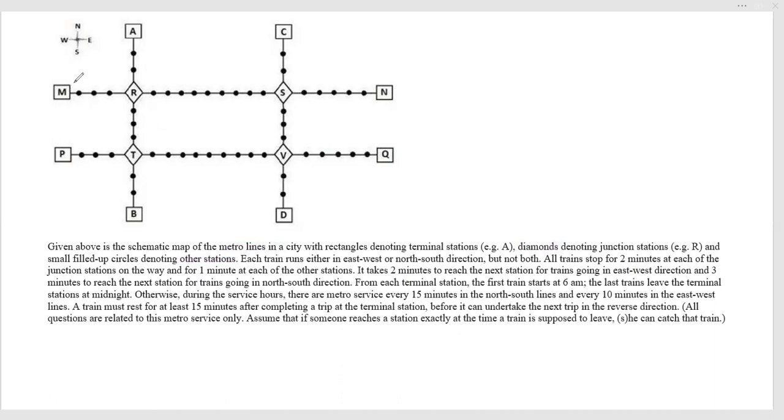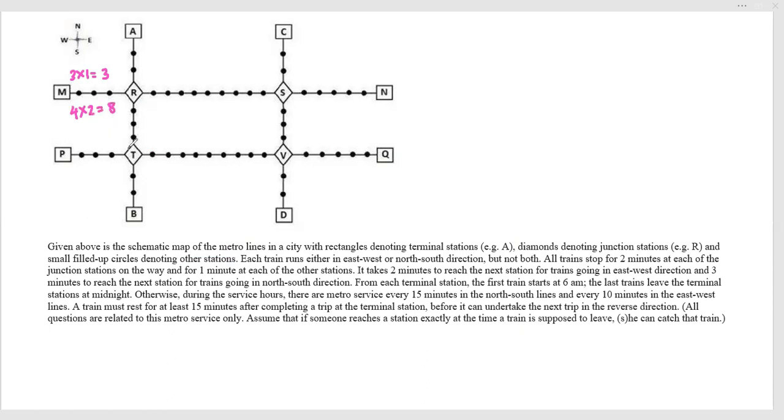Here I can find that there are three ordinary stations. For ordinary stations it would take 3 into 1, 3 minutes, and the gaps between two stations are 4, so 4 into 2, that is 8 minutes.